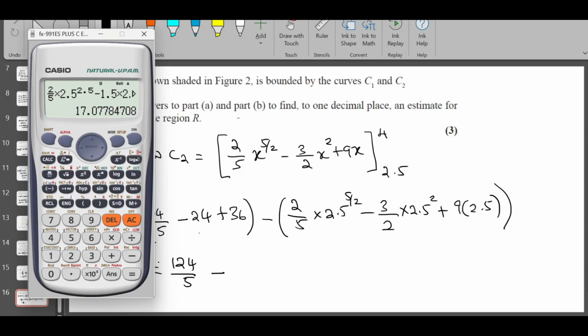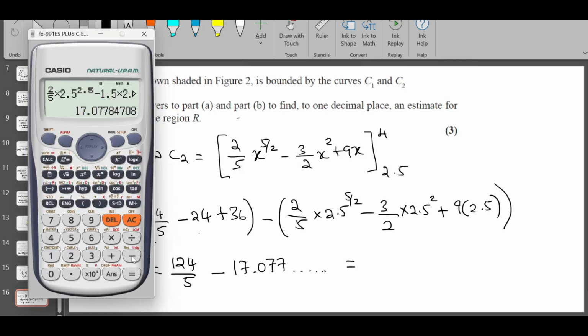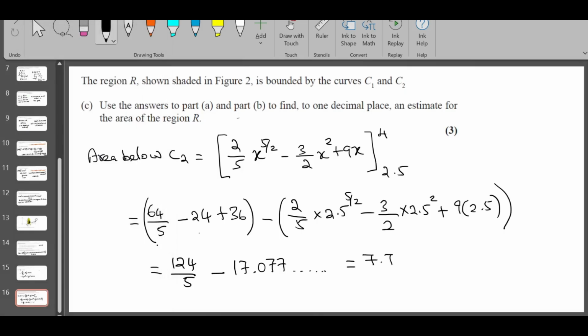We got this answer, 17.077 and so on. When we subtract this from 124 over 5, we are going to get 7.722. That's not the final answer, that's basically the area below the curve C2.